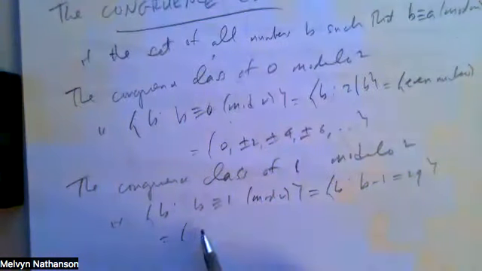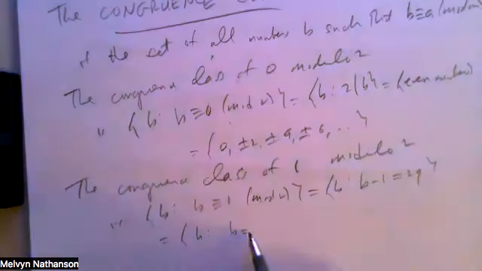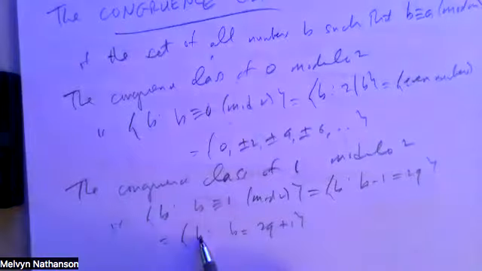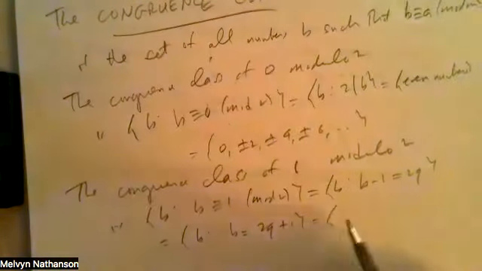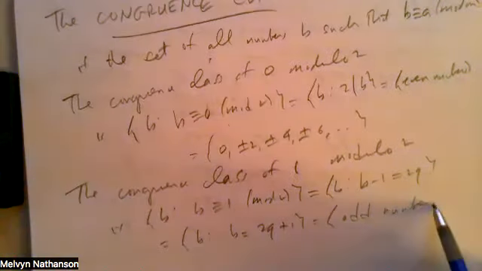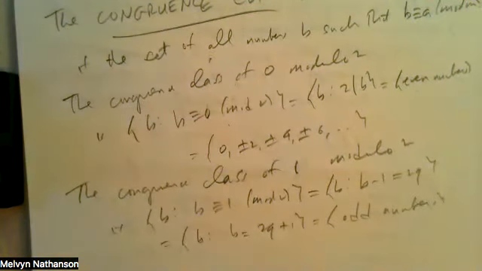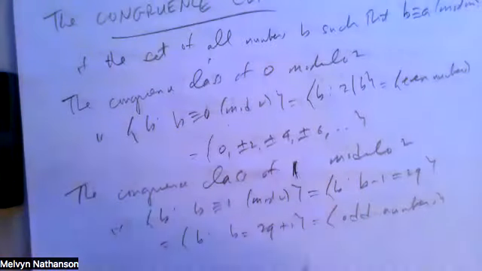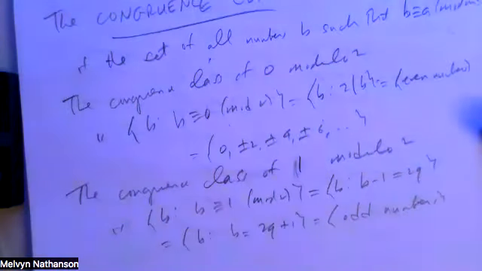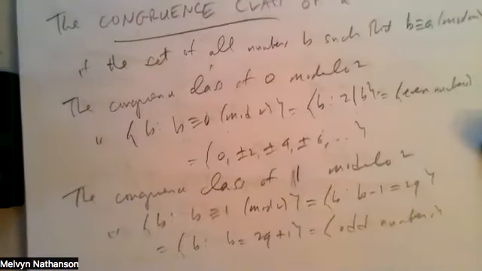So this is the set of all numbers B that can be written in the form 2q plus 1. What are the numbers 2q plus 1? These are the odd numbers. So the congruence class of 1 modulo 2 is this infinite set of all odd numbers.